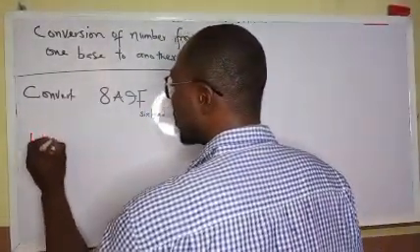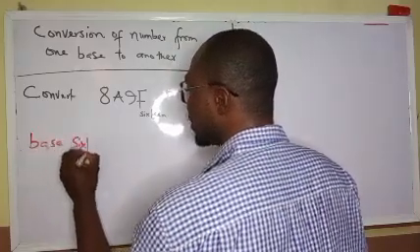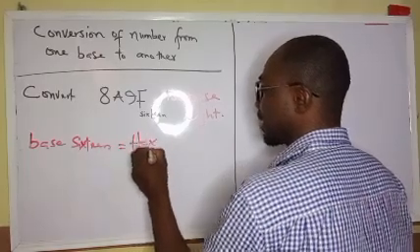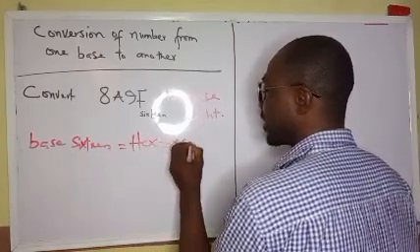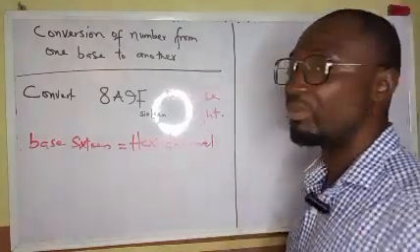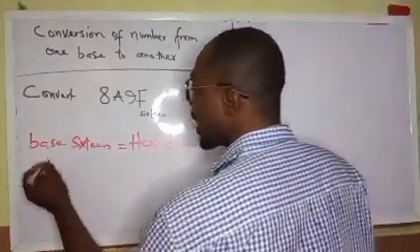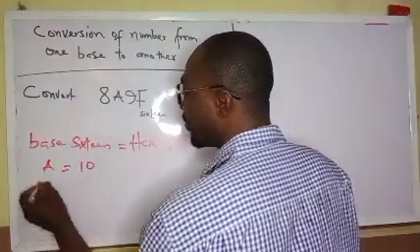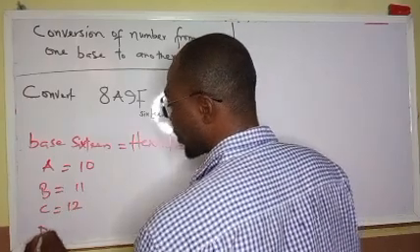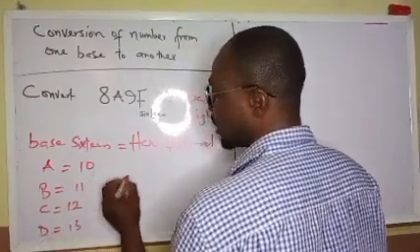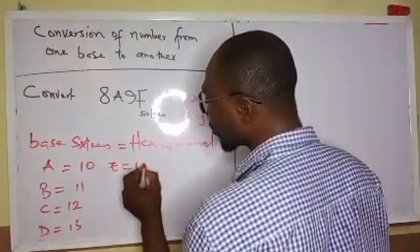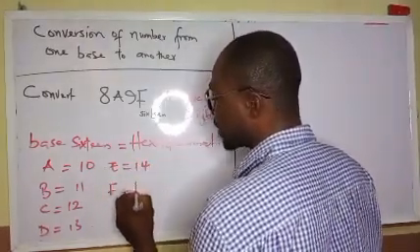Base 16 is also called the hexadecimal number system. In counting in base 16, we have A to represent 10, B to represent 11, C to represent 12, D to represent 13, E to represent 14, and F to represent 15.